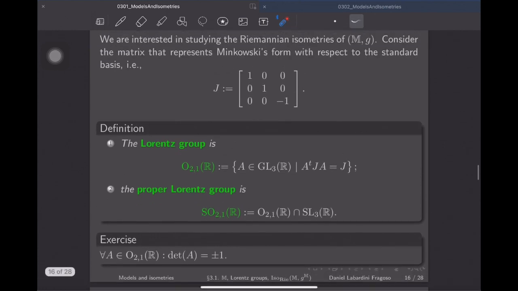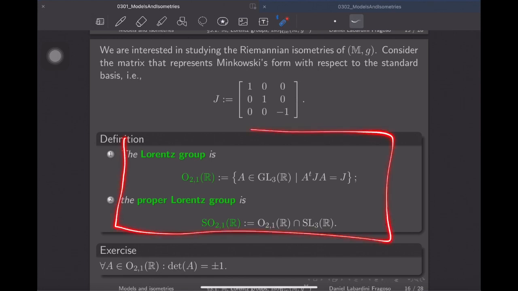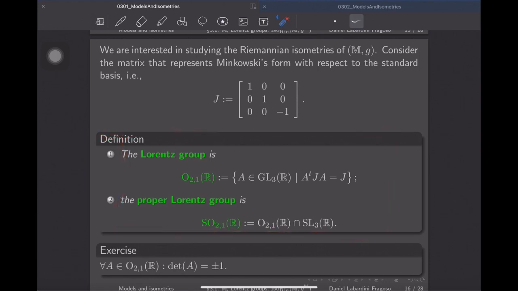And this brings us to defining our first two groups, which are the Lorentz groups. The Lorentz group is simply the group of 3 by 3 invertible real matrices that preserve Minkowski's form, and inside it we take those matrices in the Lorentz group that have determinant 1.